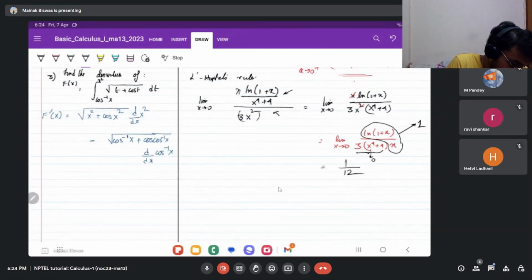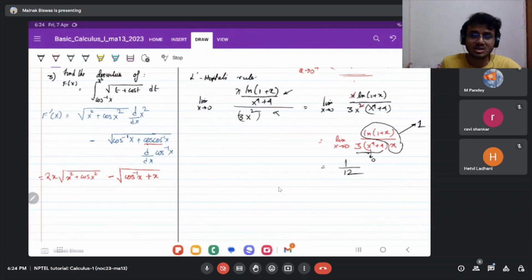So what would be the first derivative? First one is square root of x square plus log of cos of x square into 2x, right, minus cos inverse x plus x.